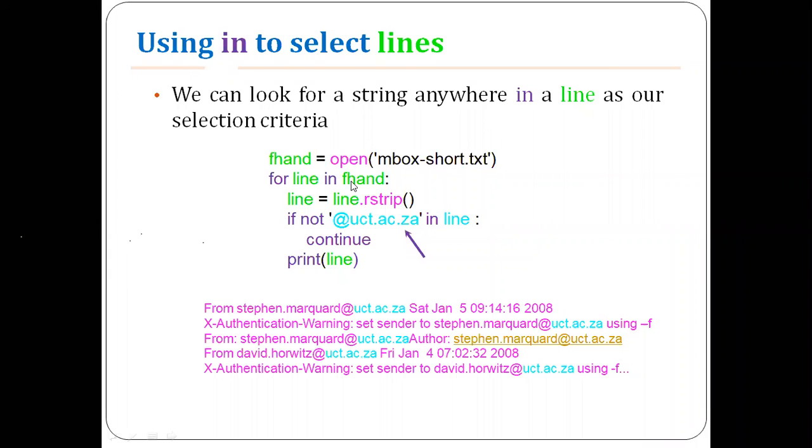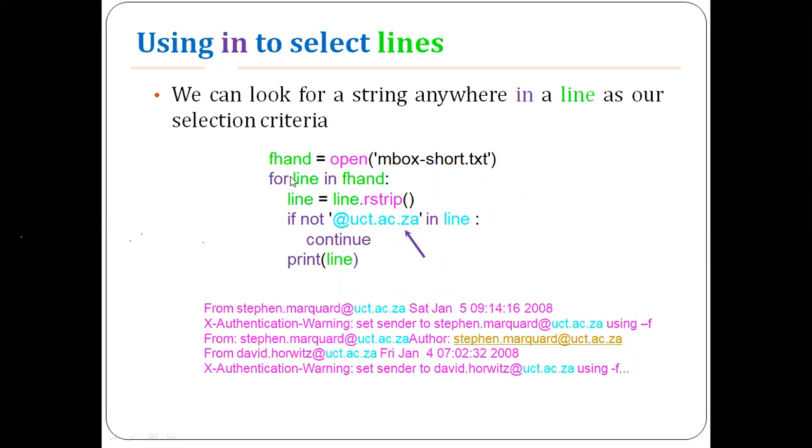So to do that, we write this code: for line in fhand, line is line.rstrip, followed by if not '@uct.ac.za' in line. If this substring is not present in the line, you continue with the next line.